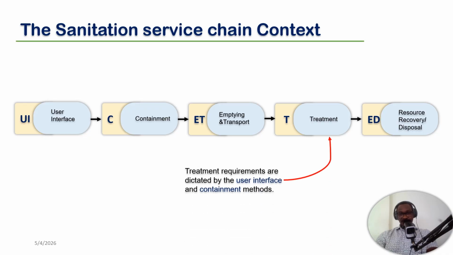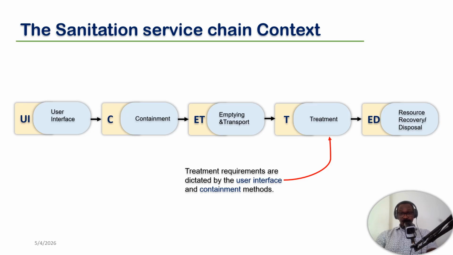Here, the treatment requirements are greatly influenced by the user interface and the containment methods. The user interface will determine whether you're to use water or not. The containment will also be determined by the same. So therefore, this plays a crucial role.